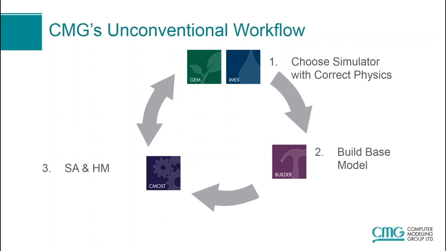We tell CMOST to vary these given properties within a certain range of values and give us feedback on which values match our historical production best. With these history matched models, we can run forecasts to estimate our ultimate recovery. Finally, we assess uncertainties to fully understand the accuracy of our predictions.